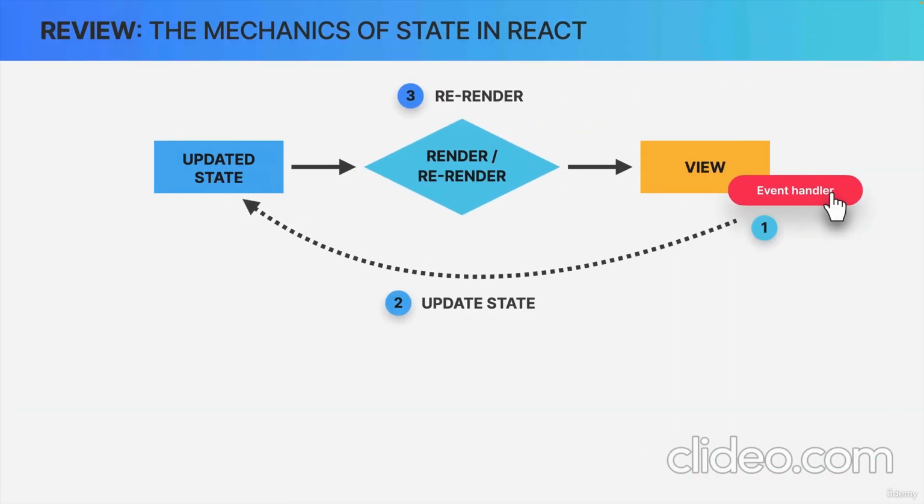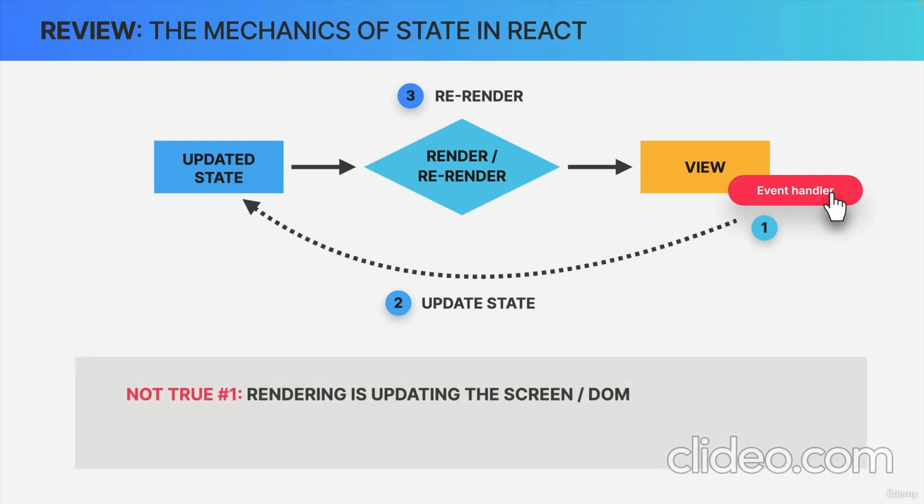Now, before we even start, let's first go back to where we first learned about the mechanics of state. Remember this diagram? Well, back then, I told you that we can conceptually imagine this as a new view being rendered on the screen, so into the DOM. However, now we know that this was technically not true, because rendering is not about the screen or the DOM or the view.